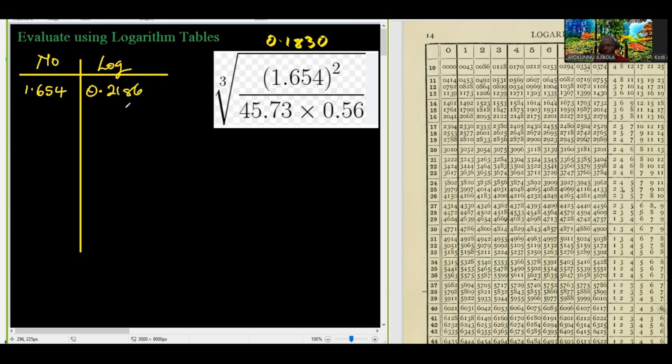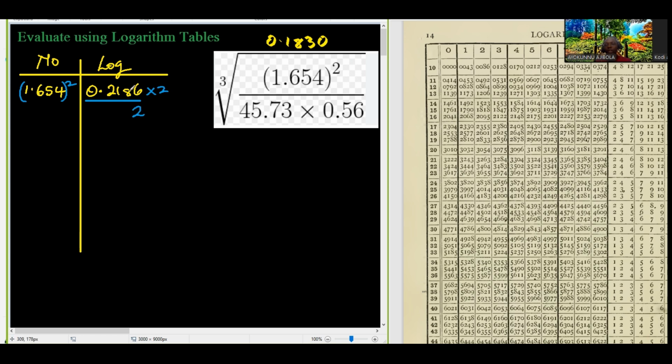So I have 21.86. Then to square it, because it's a square, we're going to multiply by 2 on this logarithm side. To multiply by 2, we say 6 times 2 gives us 12. We write 2, we keep 1.